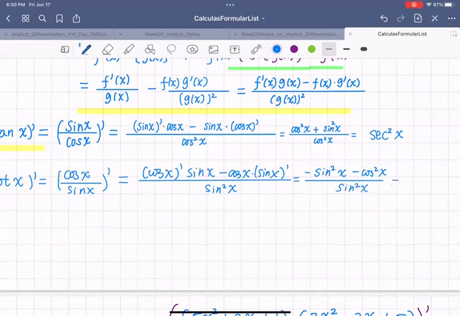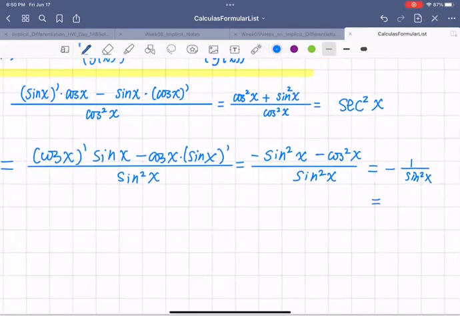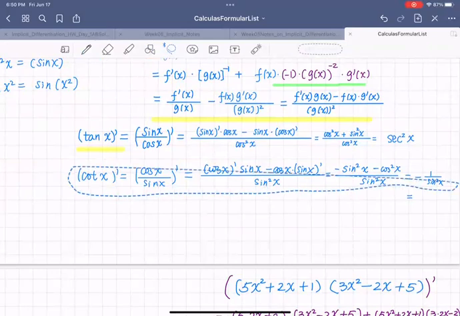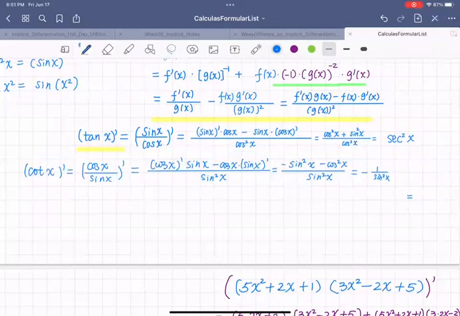So it could be rewritten as negative 1 over sine squared x. That's negative cosecant squared x. Good. Very good.